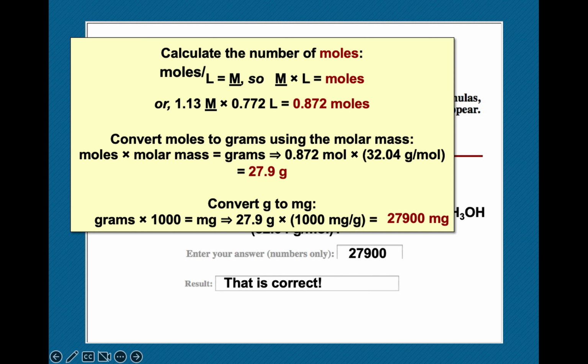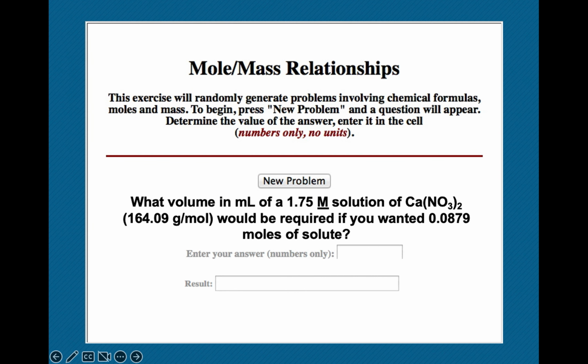Any questions? Well, let's do one more. Here we have a solution of calcium nitrate that is 1.75 molar. We want so many moles of our solute, so we're looking for volume again.